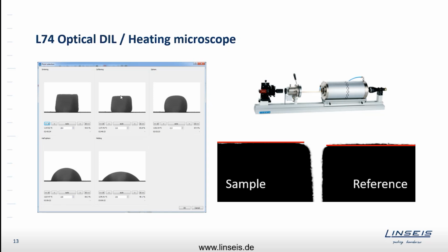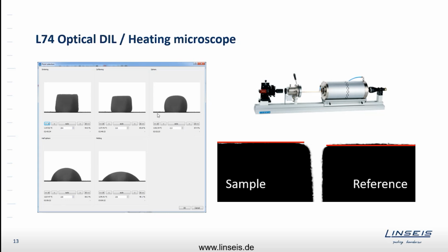First of all, it gets a little bit softer, then it starts to melt, it starts to form a sphere or a half sphere before it starts to melt really down and wet the surface. The system can detect the angles between your sample and a defined platform.